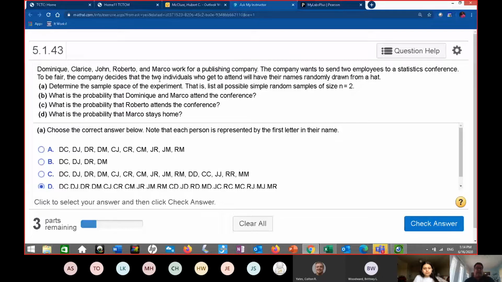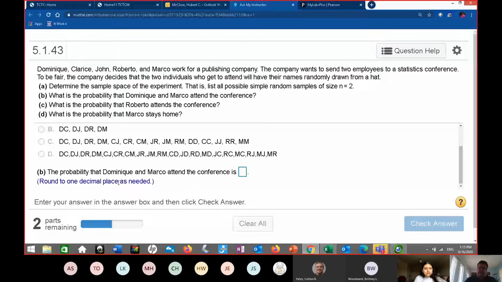Dominique and Marco. So go back up here. Where's Dominique and Marco? 1 out of 1, 2, 3, 4, 5, 6, 8, 9, 10. 1 out of 10. That's going to be 0.1.